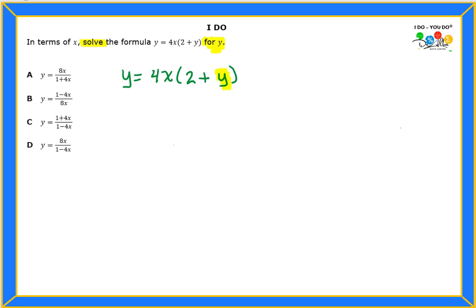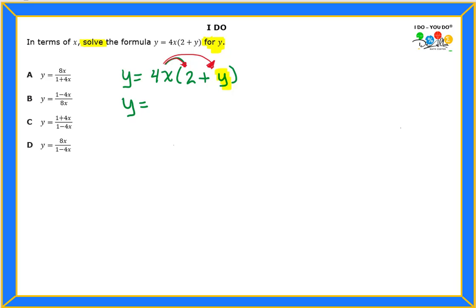Okay? So what we need to do then is we need to use distributive property. To do that, you multiply 4x times everything that is inside the parentheses. So 4x is going to multiply each term inside the parentheses. On the left, I still have the y.